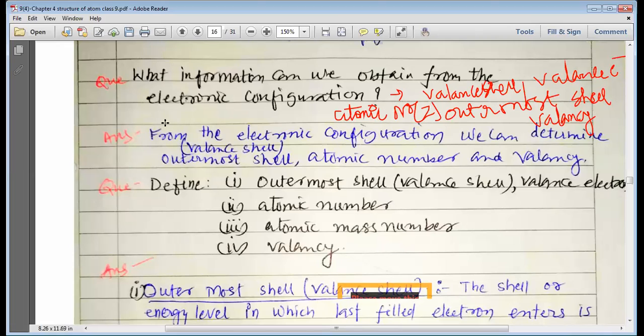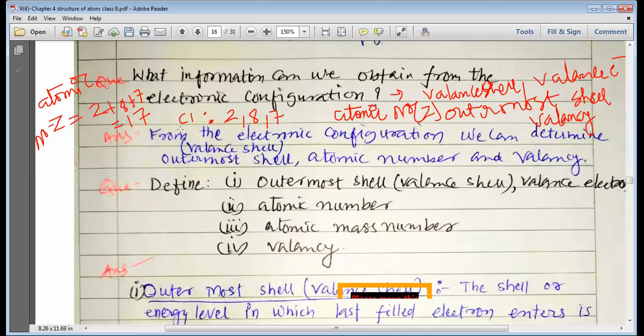So if you have a neutral atom, like chlorine, and let's say its electronic configuration is 2, 8, 7, then we can say that Z is equal to our atomic number. Z for chlorine is equal to this electronic configuration, we just add it up, 2 plus 8 plus 7, and that is equal to 17.